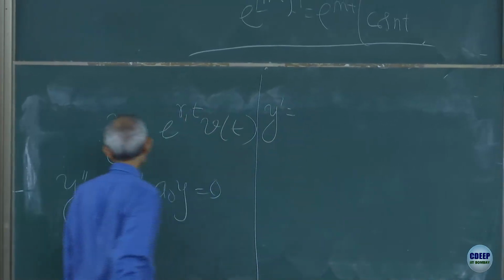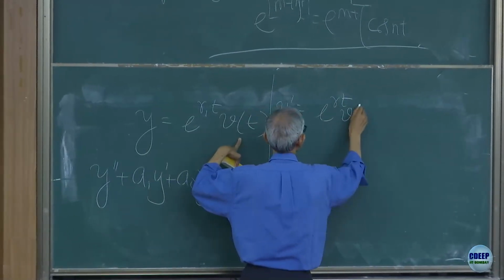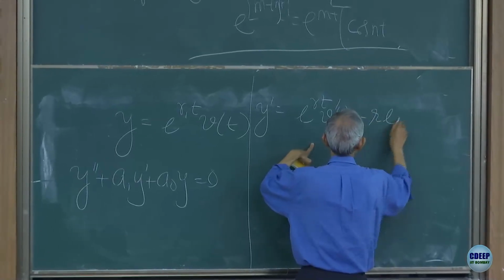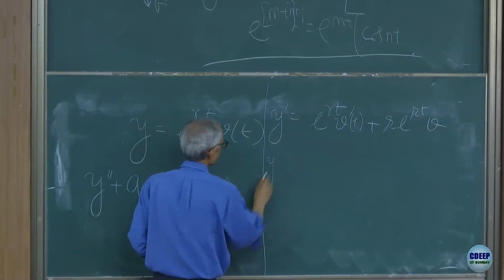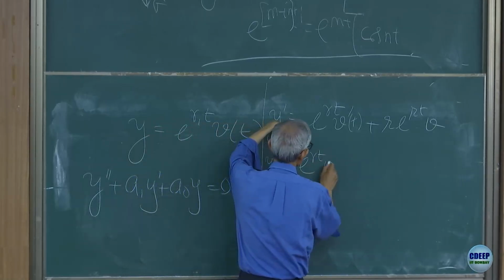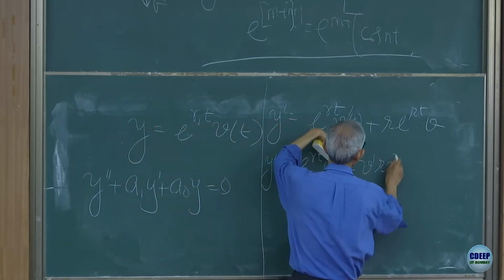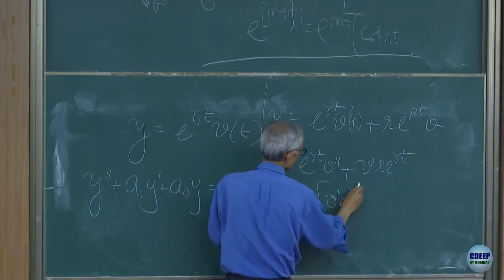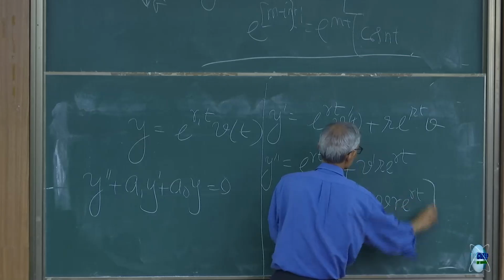So y prime becomes equal to e to the rt v prime plus r e to the rt v, that's my y prime, and then y double prime is going to be e to the rt v double prime plus v prime r e to the rt plus r v prime e to the rt plus v r squared e to the rt.